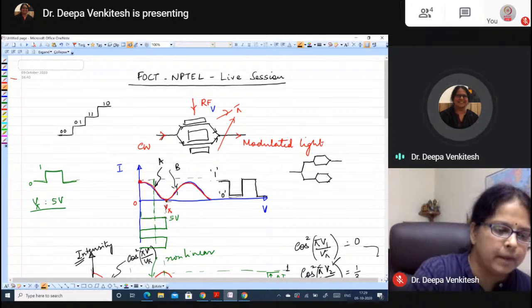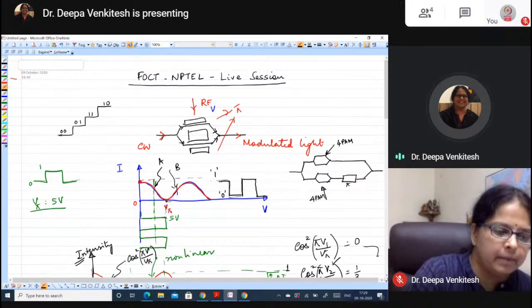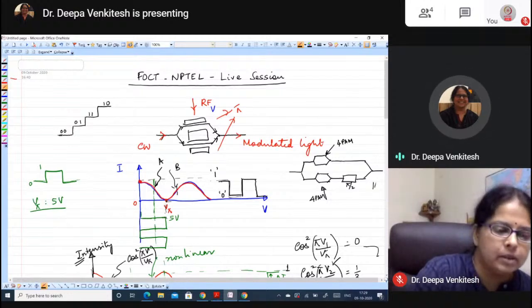Each of these 4 PAMs have to be applied to, so here you apply 4 PAM. Here also you apply 4 PAM. And then you give a pi/2 phase shift to this 4 PAM. And that is what would give you 16 QAM.